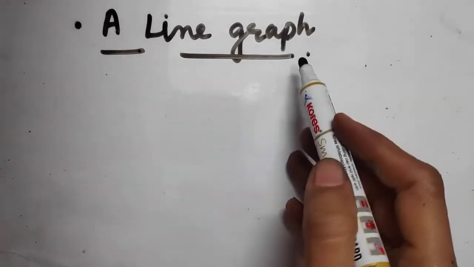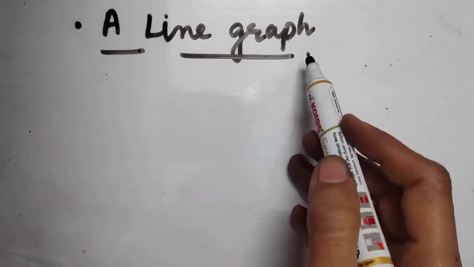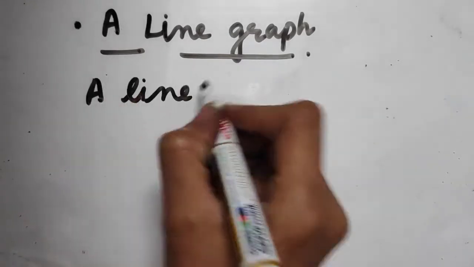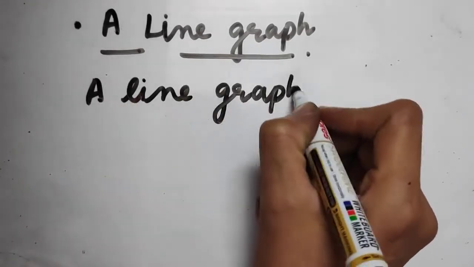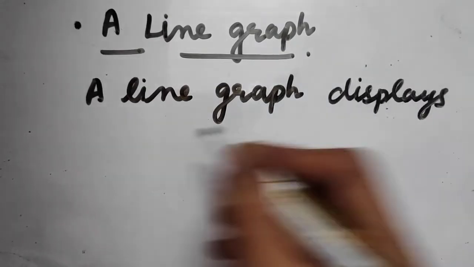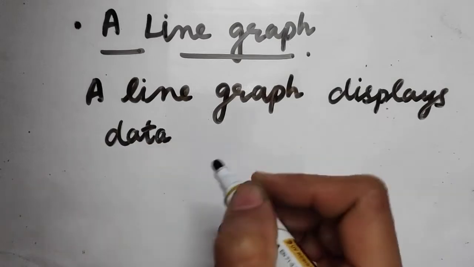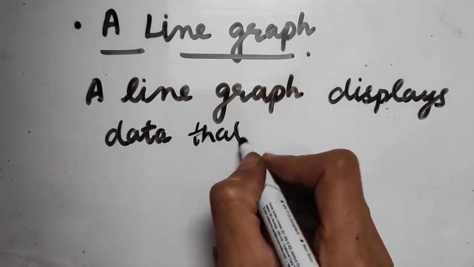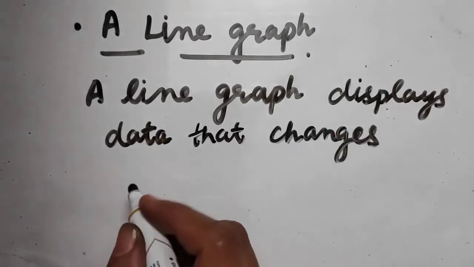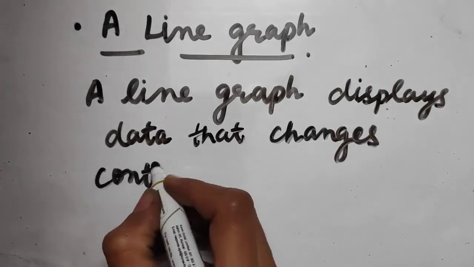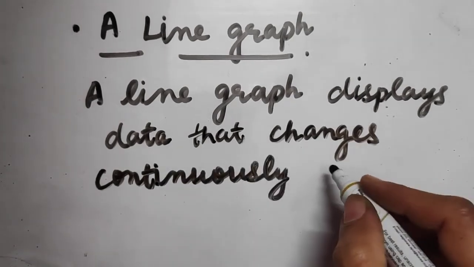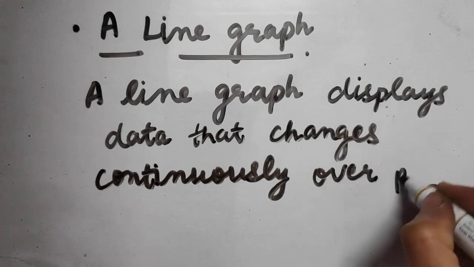Now, talking about the main topic of today's lecture, that is line graph. What is a line graph? A line graph displays data that changes continuously over periods of time.